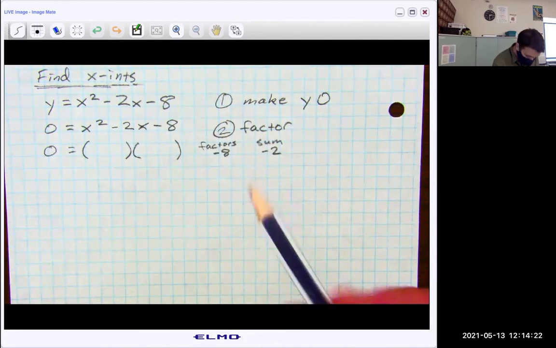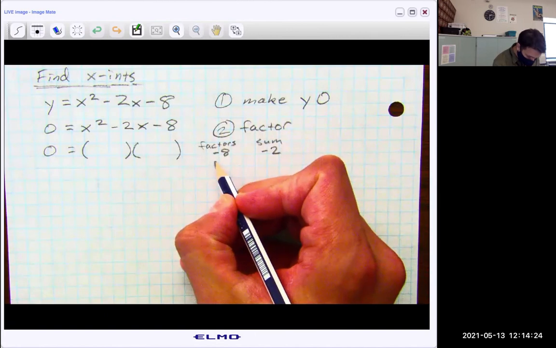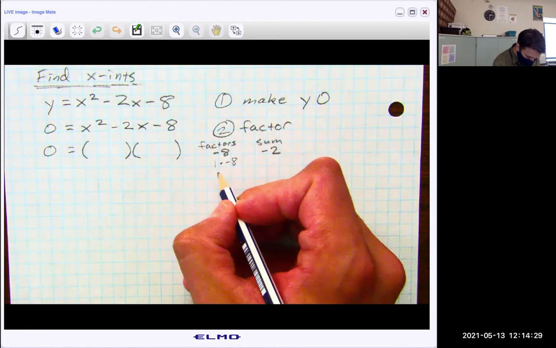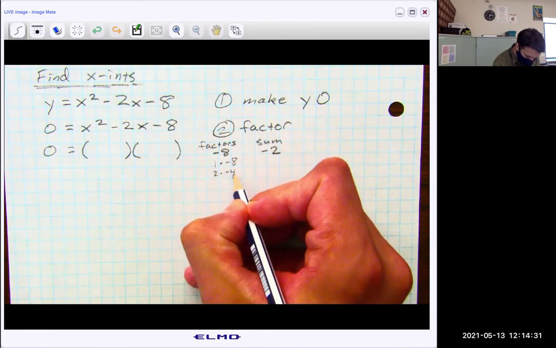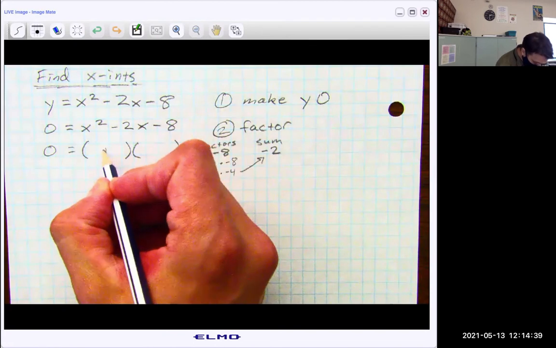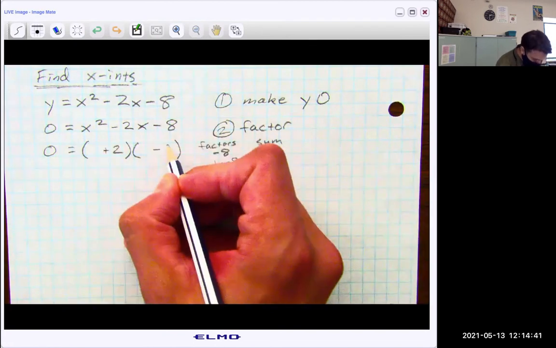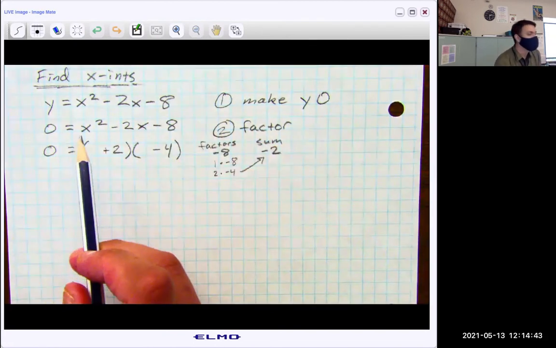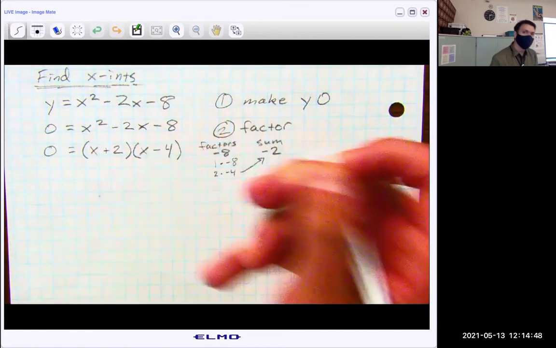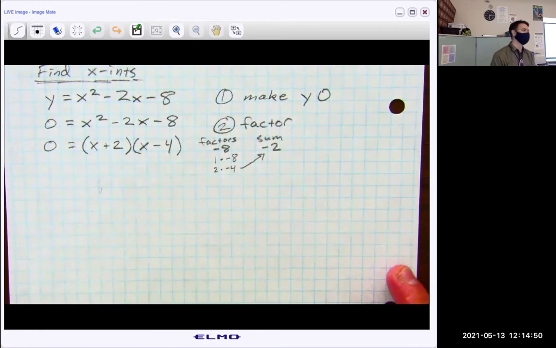So you just start listing the factors. Maybe 1 times -8. No. 2 times -4. There you go. 2 times -4 makes -8, but adds to -2. So that means they had a +2 and a -4. And the only way to get x squared is x times itself. So they must have multiplied these two things together to get that quadratic.